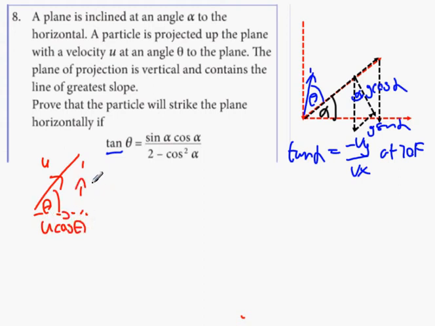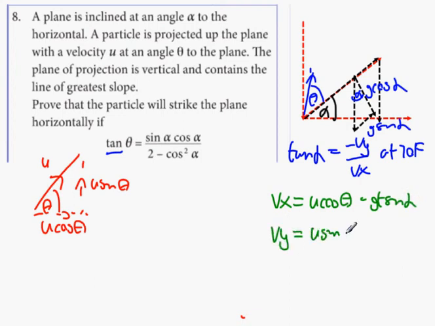And now we're going to set up our equations. So we'll do it over here. Phi x, guys, is going to be u cos theta minus g t sine alpha. Phi y is going to be u sine theta minus g t cos alpha.